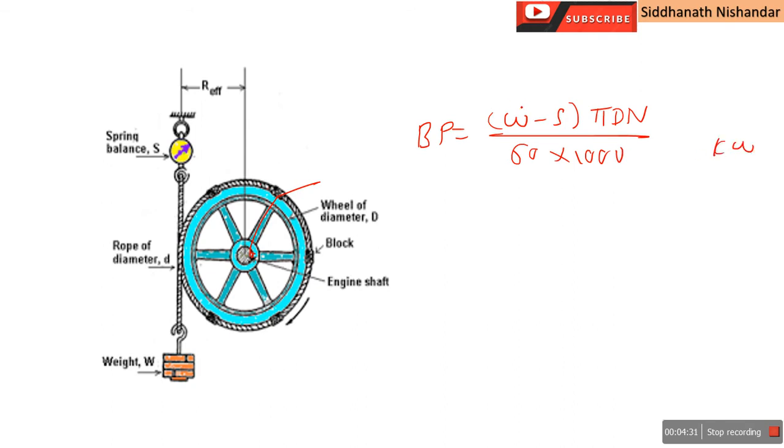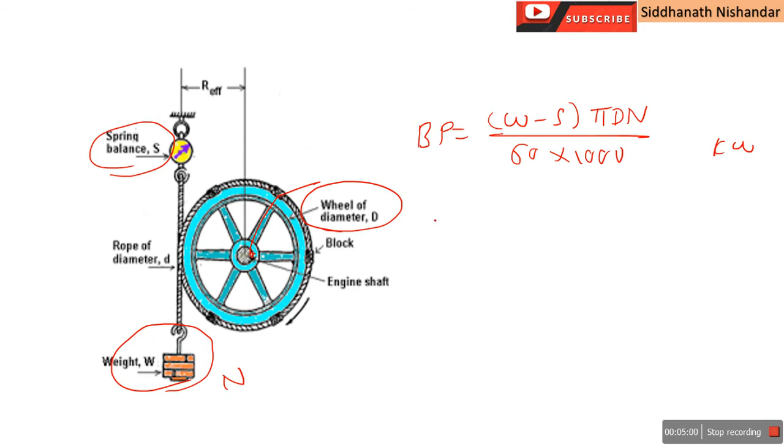Where W is the dead load attached at the end of the rope in Newton, S is the spring balance reading in Newton, D is the mean diameter of the brake drum, that is the wheel diameter of the brake drum, and N is the speed of the engine.